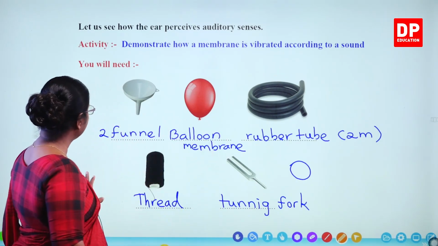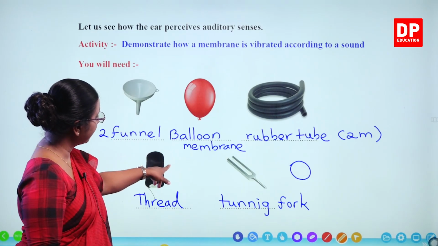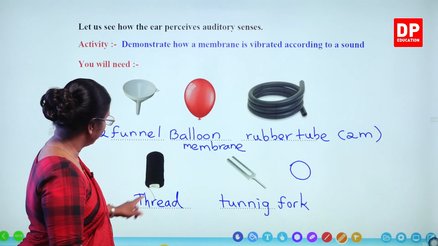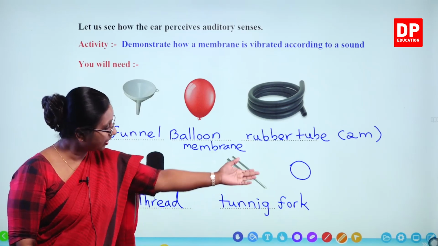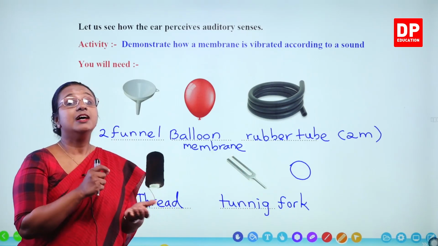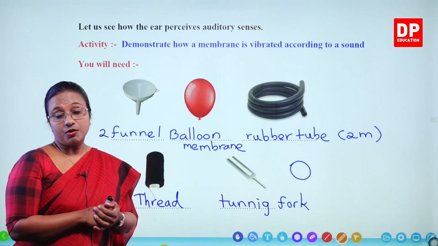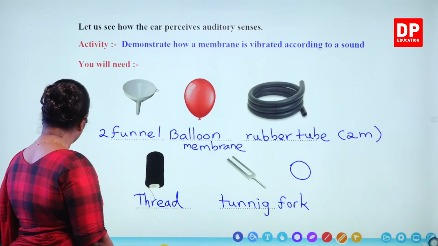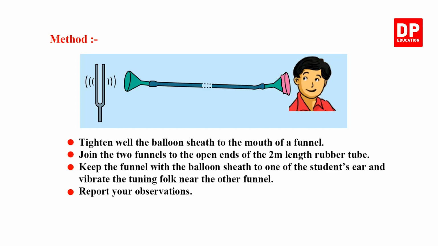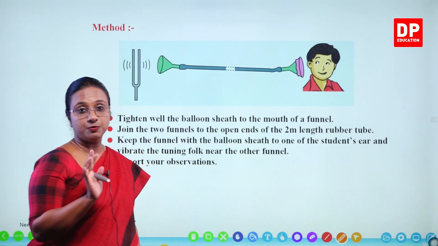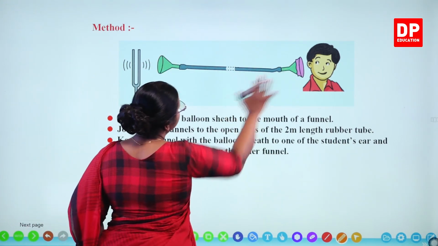So those are the materials. We need two funnels, a balloon membrane, rubber tube, thread and tuning fork. Along with that we will get the rubber, the cork as well. So we'll see how we are going to do this activity. This is what we do. Now this is the setup we have to make.